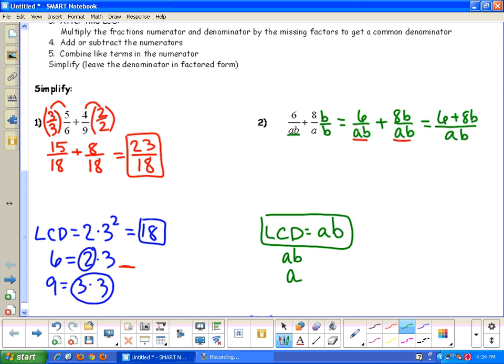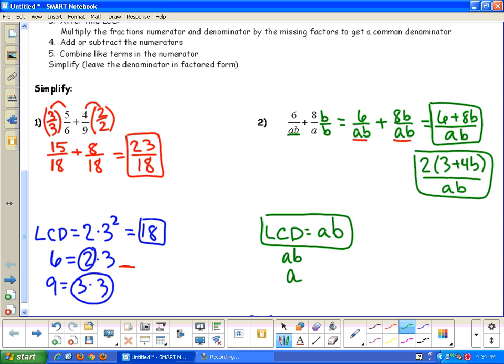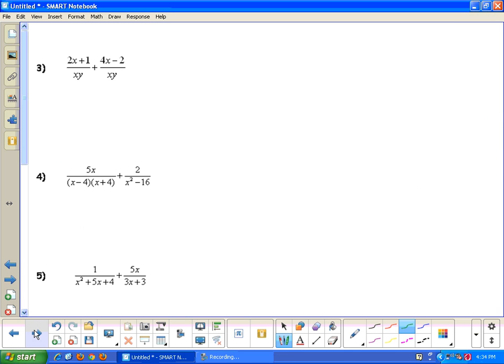You can factor out a 2, which would be 2 times 3 plus 4b over ab. And nothing simplifies there, so I'm going to leave this as my solution for right now. Technically, the previous form would be my answer though, because nothing simplifies, but we can factor it, and since nothing further factors out, that would be it. So let's go to the next problem.